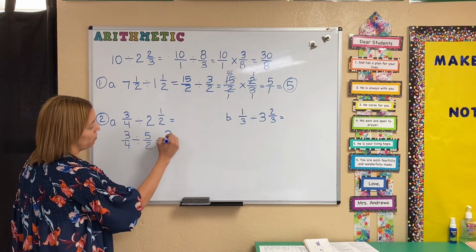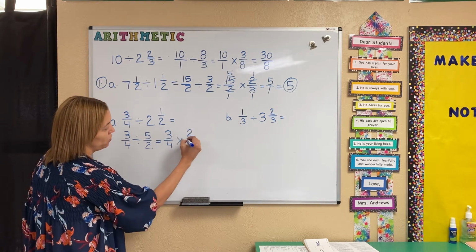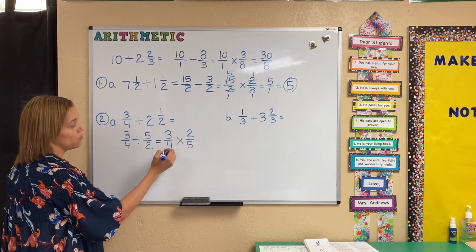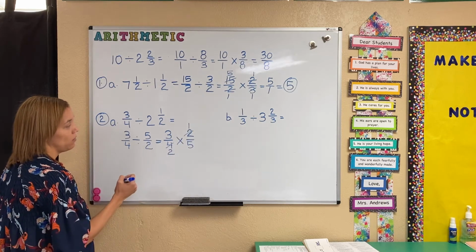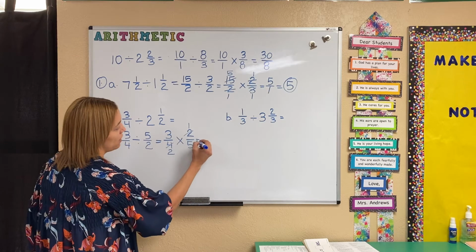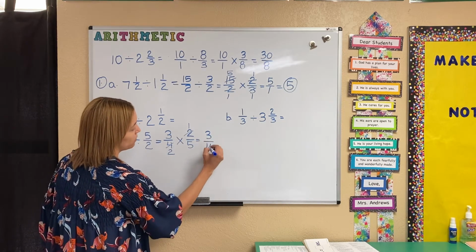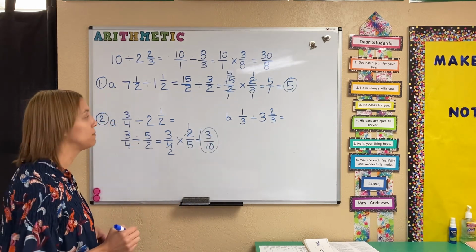And we want to do 3/4 times 2/5. So 2 goes into the 4 twice. And now we could go ahead and multiply. 3 times 1 equals 3, and 2 times 5 equals 10. So our answer will be 3/10.